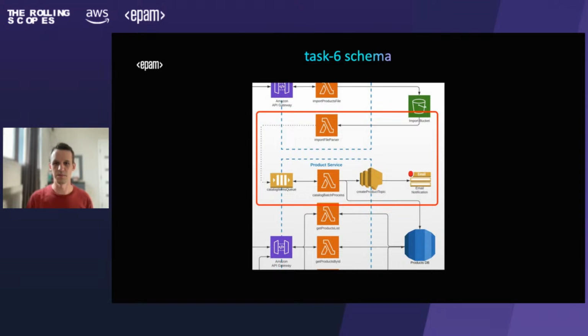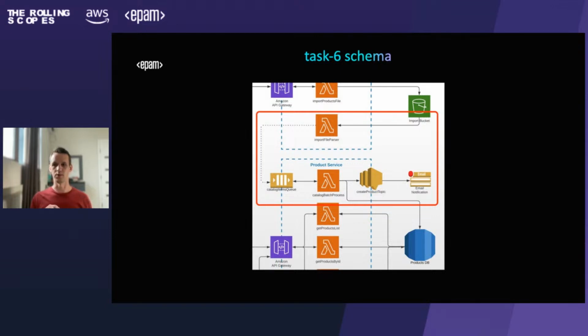And this last Lambda would be responsible for directly placing all of these products from the CSV file into our DynamoDB. So if you remember, previously we implemented the function to create the products one by one from our web page and insert these products into our DynamoDB. But this time, as in task number 5, we would just give the .csv file with the products to our web page.